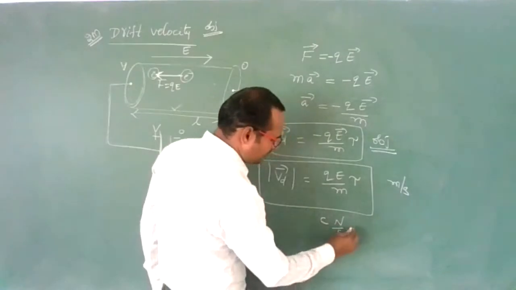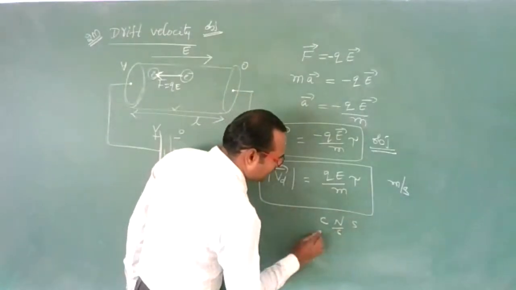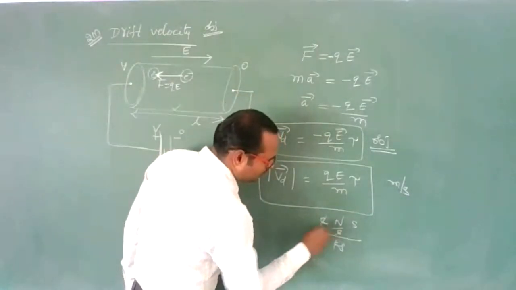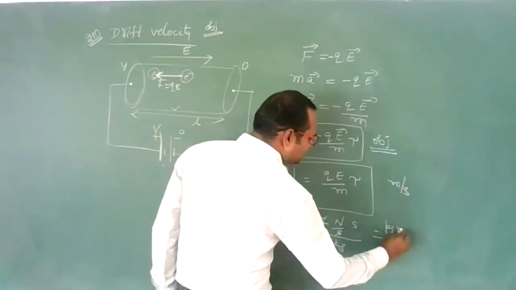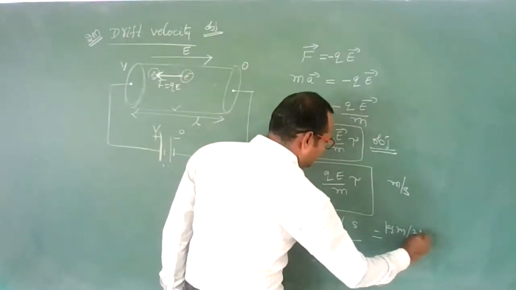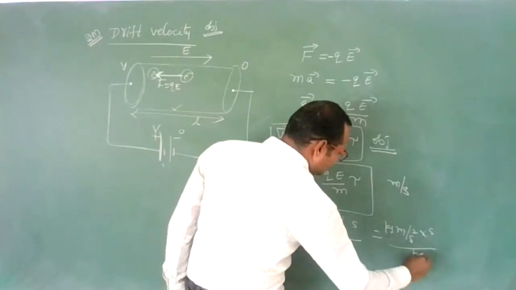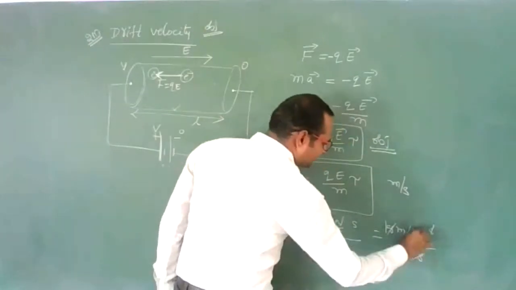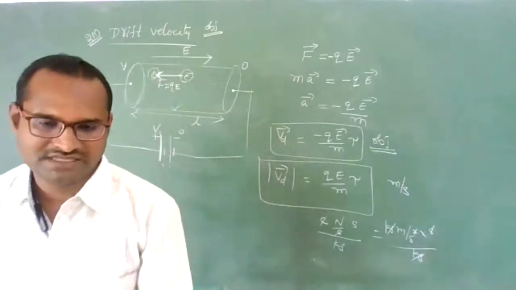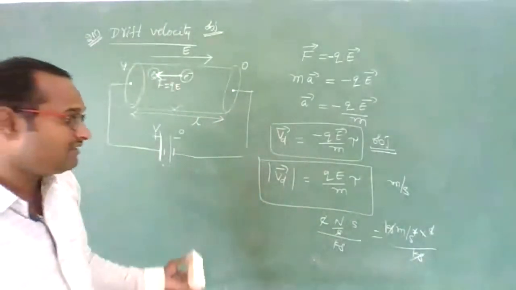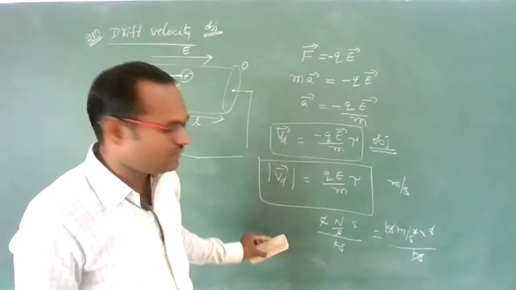Into tau, second, divided by mass, kg. Coulomb cancels. Newton is nothing but kg meter per second square, into second divided by kg. Kg cancels, second cancels. Now you get meter per second. Drift velocity unit is the same, meter per second. But the formula is QE by m into tau.